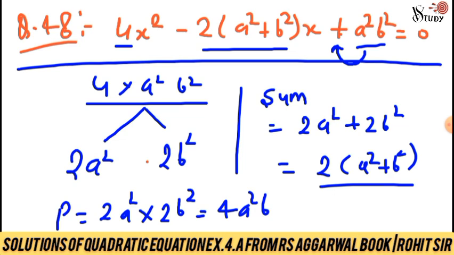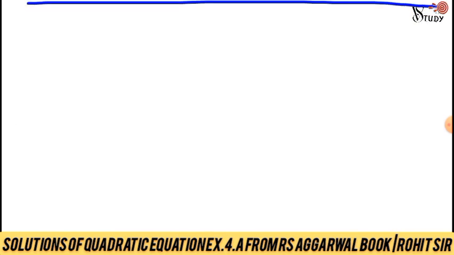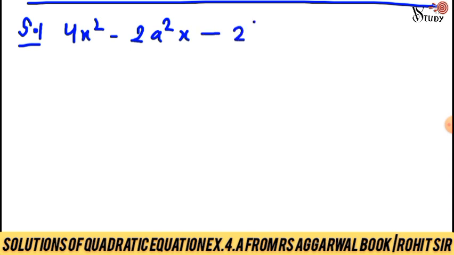So now we can solve this question very quickly. We just multiply these two in the bracket in the bottom and this x in a square and b square. Let's start to solve this question. Now we can write 4x square negative 2a square x and negative 2b square x and positive a square b square is equal to 0.